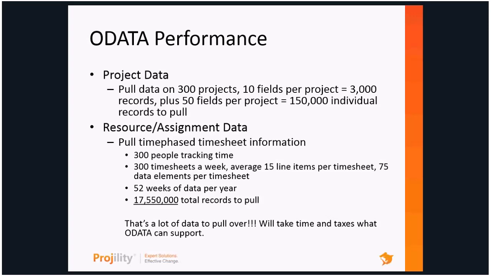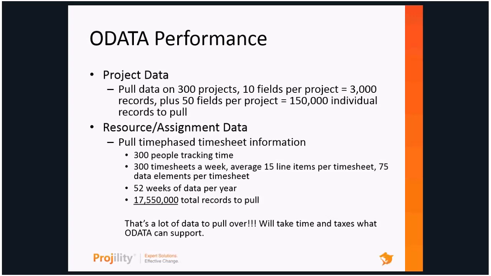If we have an average of 15 line items per timesheet, 75 data elements, 75 fields on each timesheet, let's multiply that by 52, because we have to do it for one week every year. And you can see we have over 17 million individual records we're going to be pulling from Project Online through OData in this pipe that's going to create information for our reports.